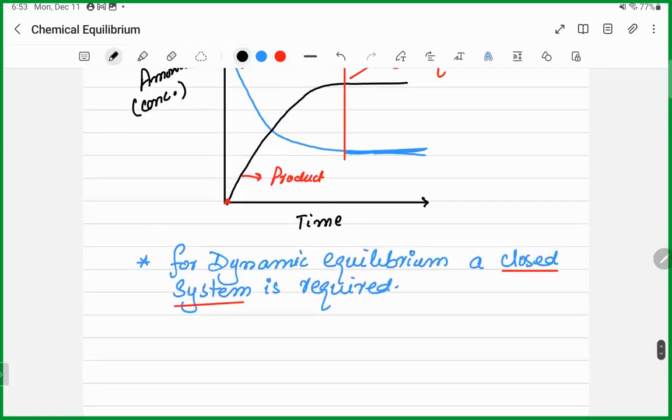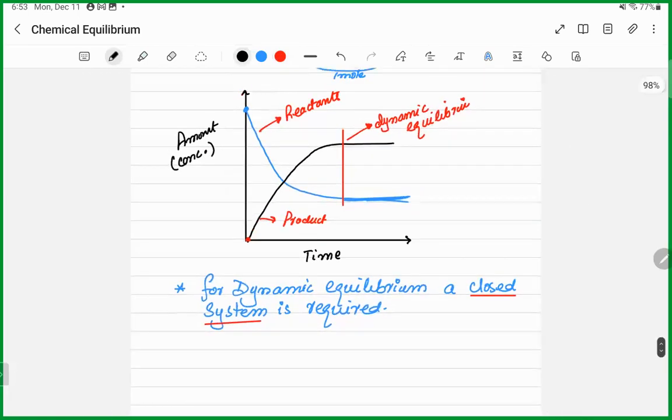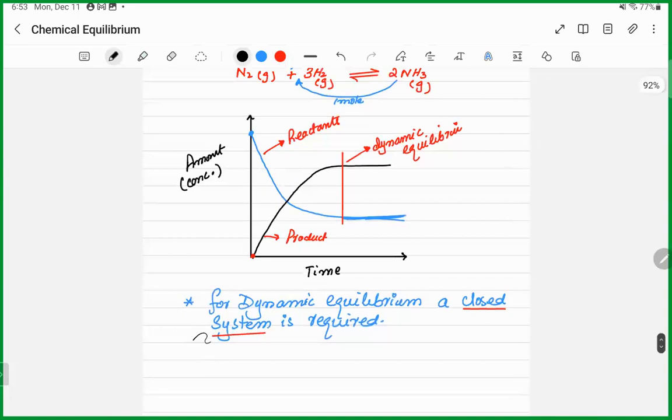So if I just give you a review about the three conditions of dynamic equilibrium. Conditions.